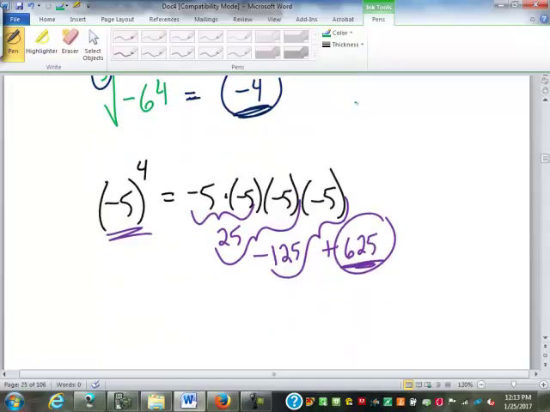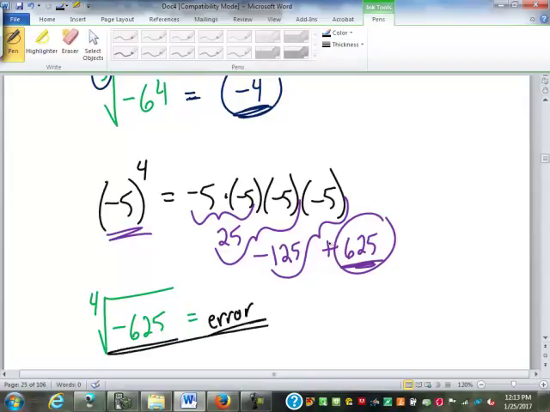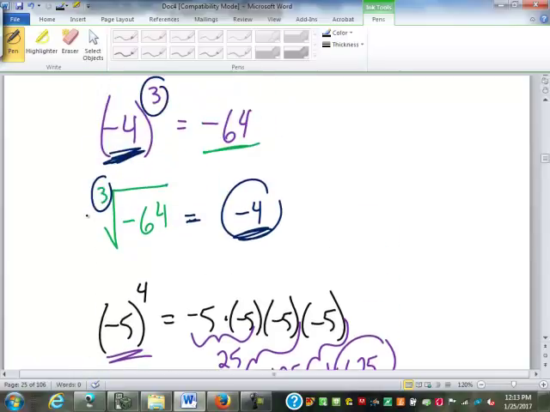So if I were to try to do a fourth root of a negative 625, is it going to work? No. Once again, the calculator is going to give us an error. Do we see a pattern of what's going on here with these negatives and powers and roots?